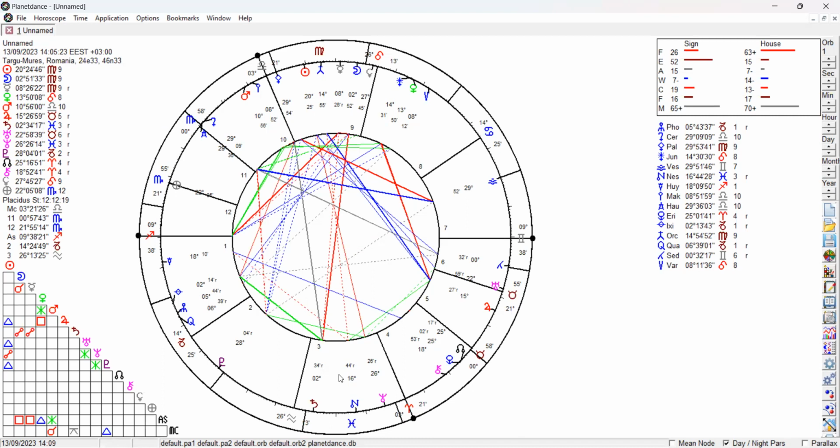Cousins, siblings, neighbors, and everyone else who you regard as a brother, sister, even spiritually speaking, and shorter distance travels, and in modern times, social media. So where is this third house cusp? In this example, it would be at 26 degrees of Aquarius, and just put it into interpretation.